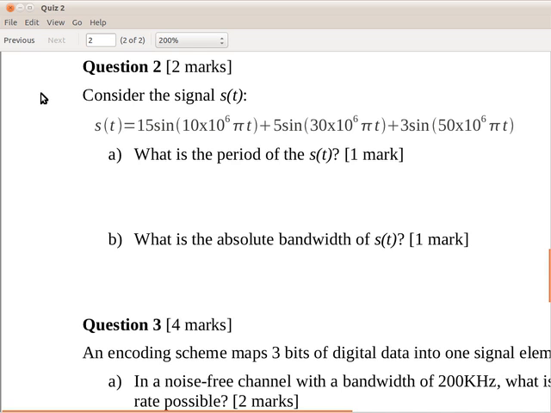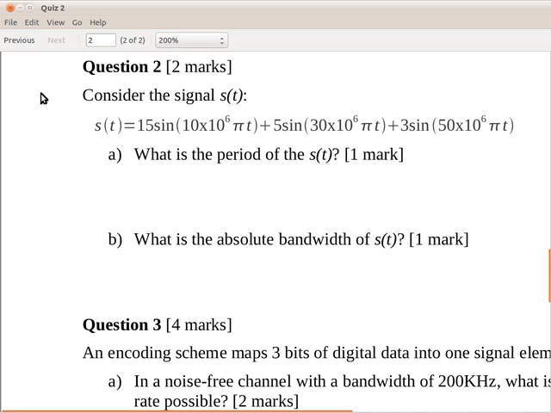What's the frequency of the signal? Why is the frequency 5 megahertz? The fundamental frequency. In this case, the 3 components are all multiples of one of the others.